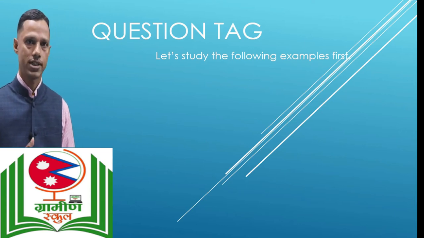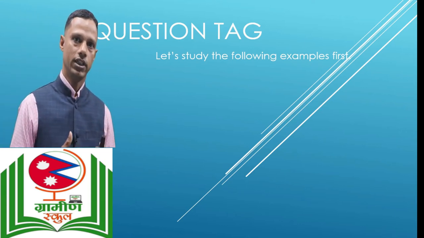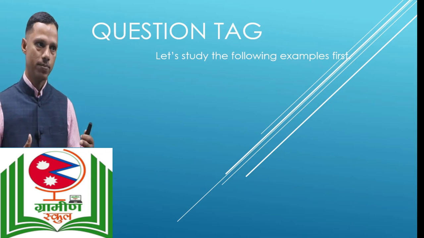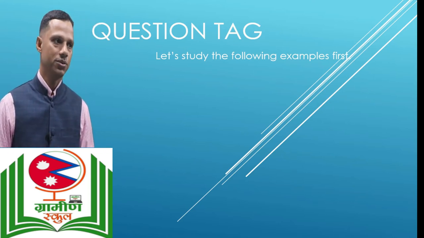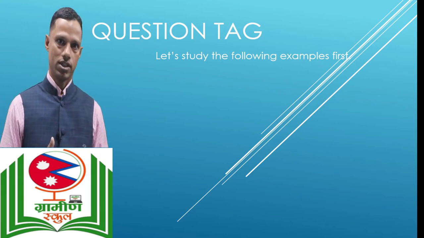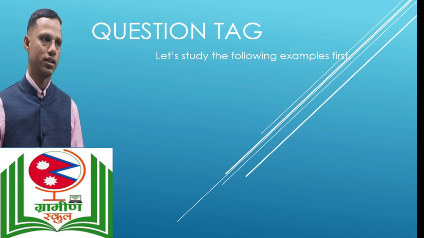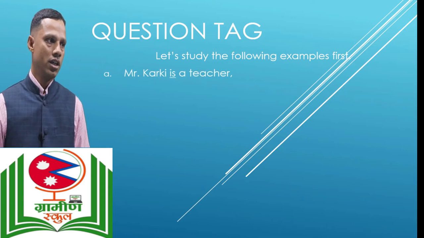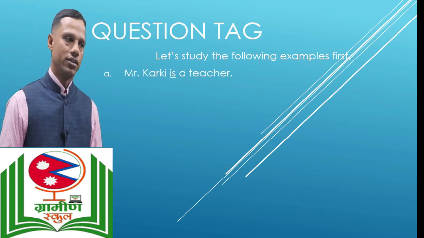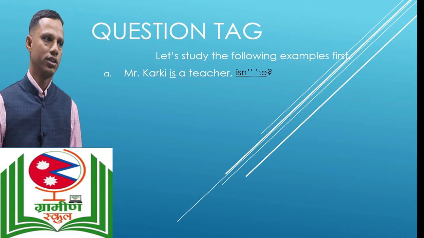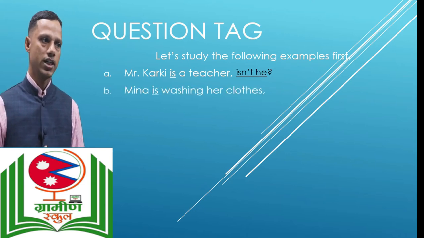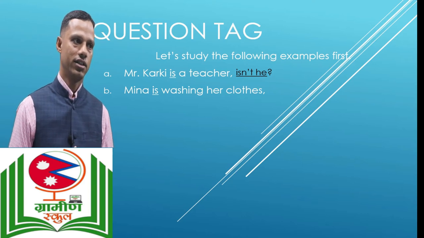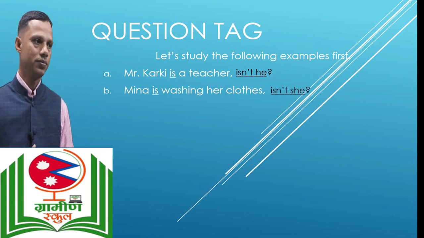Now we have some examples, and first of all we will explore the examples. We'll see the way we make question tags, and then we will generalize the rules for making question tags. Let's see. Mr. Karki is a teacher, isn't he? Meena is washing her clothes, isn't she?